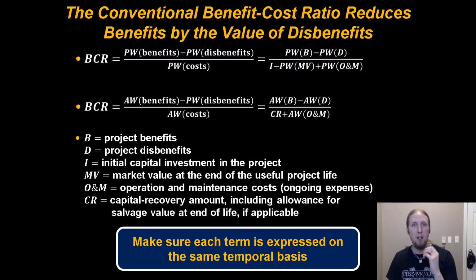And so the conventional benefit cost ratio that we're going to use in this class treats disbenefits by reducing the benefits in the numerator. And so you can see here we've got a conventional benefit cost ratio that accounts for the possibility of having disbenefits by subtracting them off in the numerator, and then that's the only change.